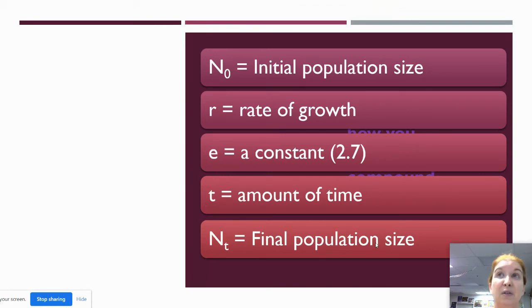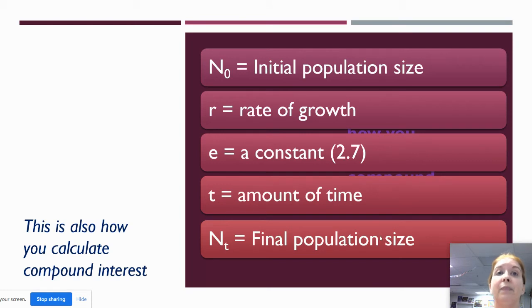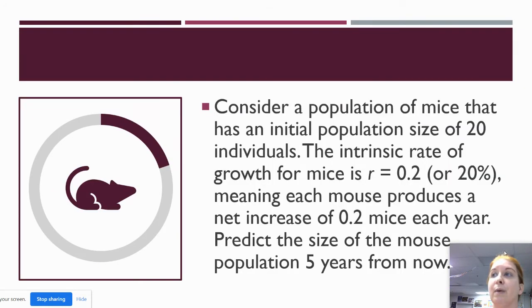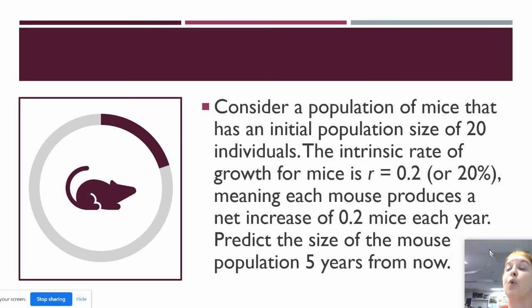I'm not going to make you do math. This is also how you calculate compound interest: you take that rate of growth, the constant, and the time. So if you want to figure out how much money I put in versus that, we will do some doubling time, but that's about it. We're not going to do too much of this math. So I'll just go through it quickly.